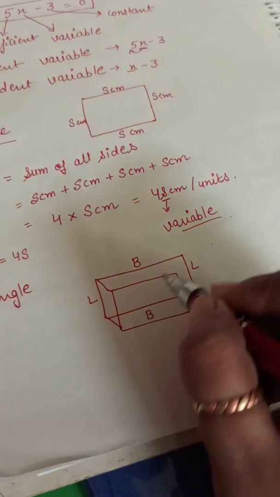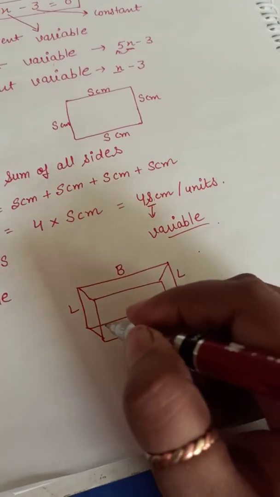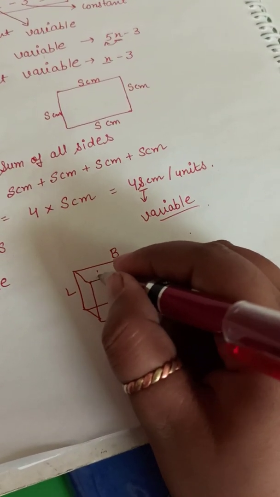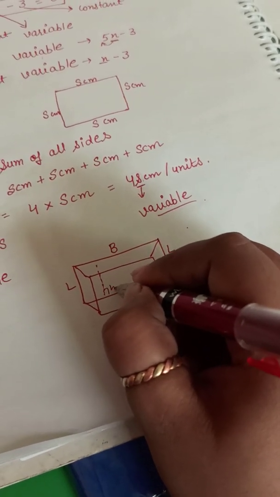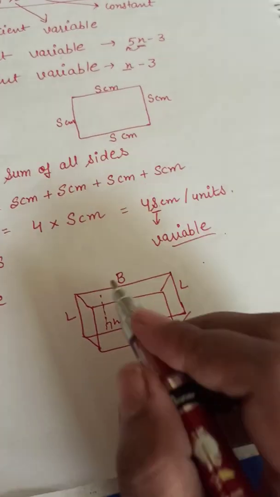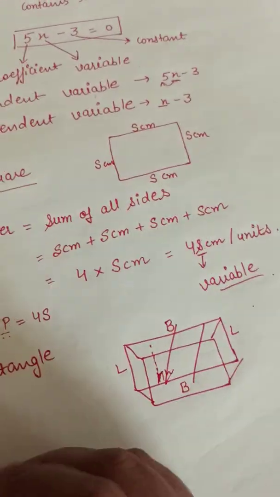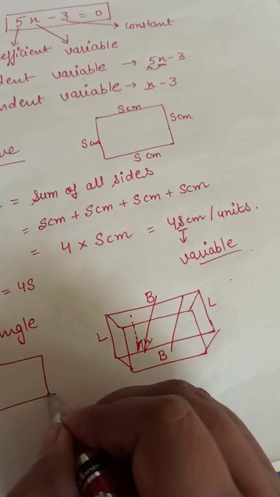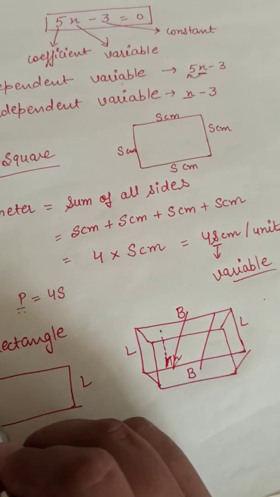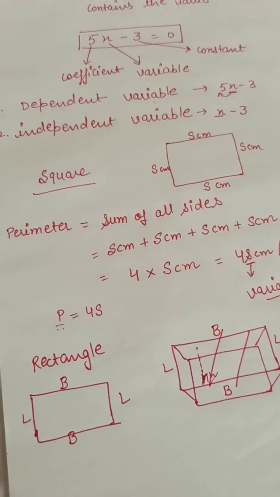Here volume comes, beta. In that, height comes, so this one is the height. For now we are doing the rectangle. This is the length. This is the breadth, right?